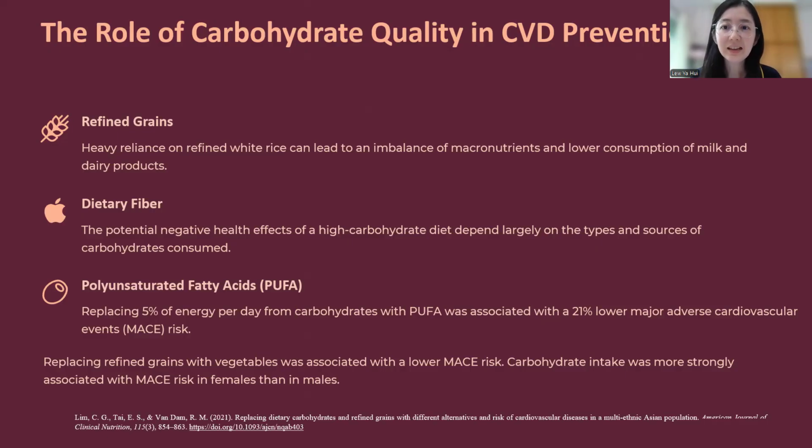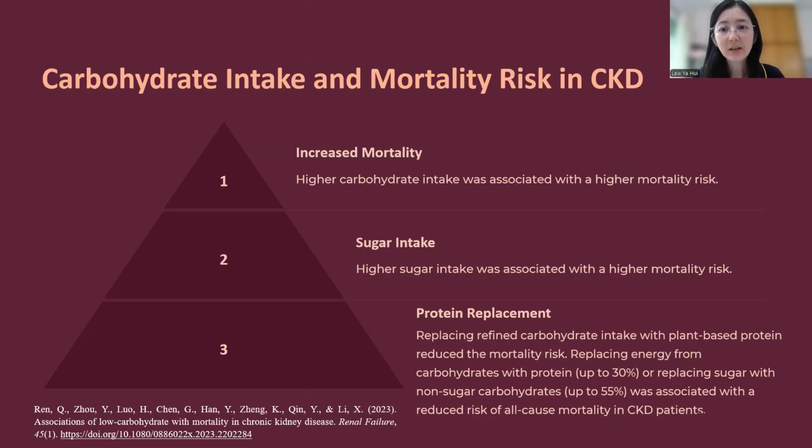Okay, so you can see the research also found the mortality risk was higher when the intake of not-good carbs increased, and further investigation also showed higher sugar intake was associated with a higher mortality risk.